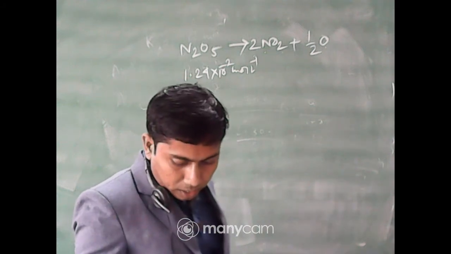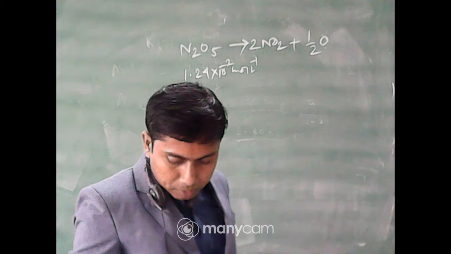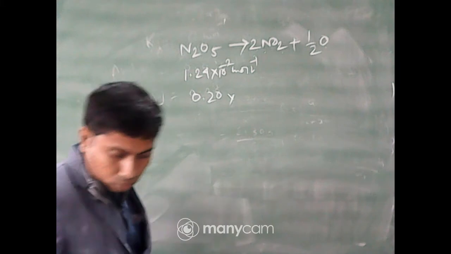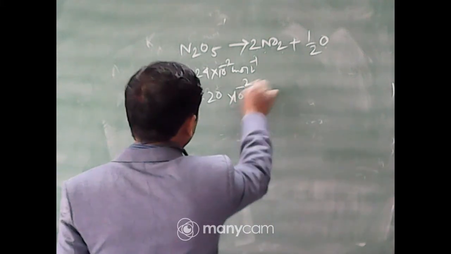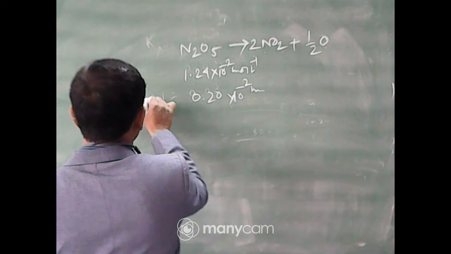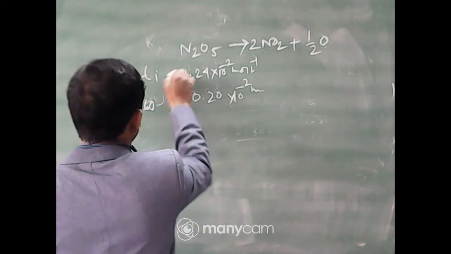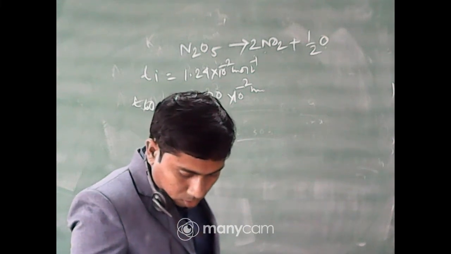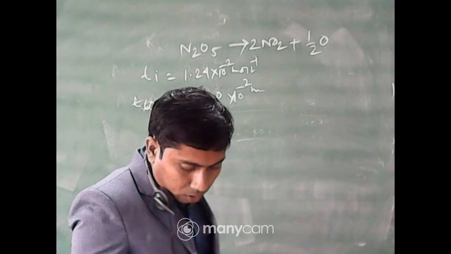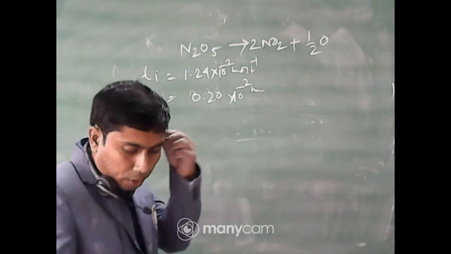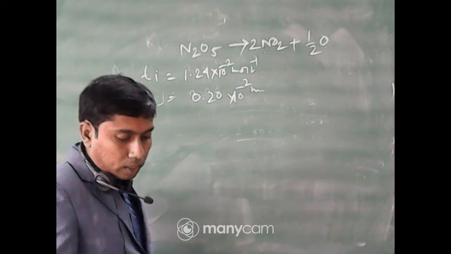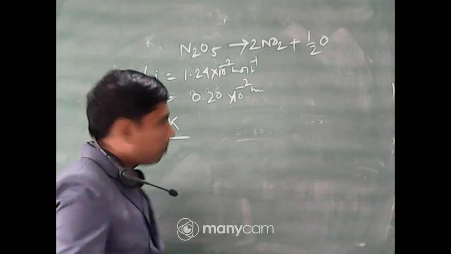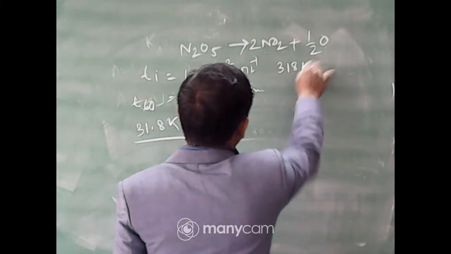At 318 K, the concentration of N2O5 after 60 minutes was 0.20 into 10 to the power minus 2 mole liter inverse. This is at t60, and this is t initial. Calculate the rate constant for the reaction at 318 K.